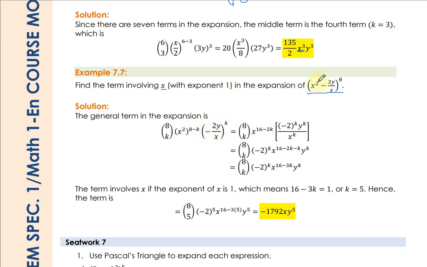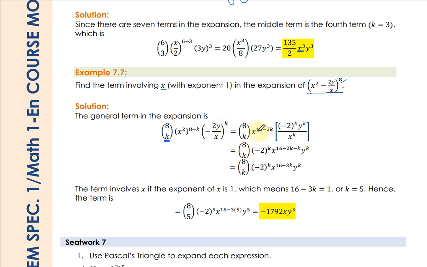So substitute lang nato. So atong n is equal to 8. Then k, so mo na to siyang pangitaon, katong term nga atong gipangitaon. Then we have our a, which is equal to x squared raised to the power of n minus k, or 8 minus k, multiplied by our b, negative 2y over x raised to the power of k.